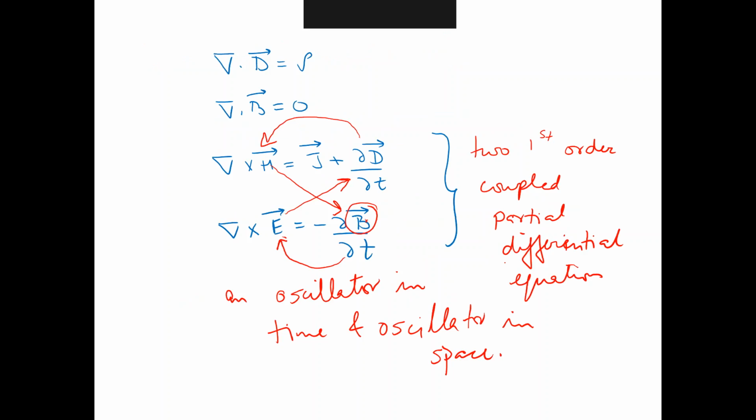And if you look at these equations, you see that the same kind of coupling is happening in these two equations. You have a time variation in B creating a spatial variation in E, which gets coupled into the first equation up here, which creates a spatial variation in H, which gets coupled back, and thus I have two first order coupled equations, and they are coupled in time and space.